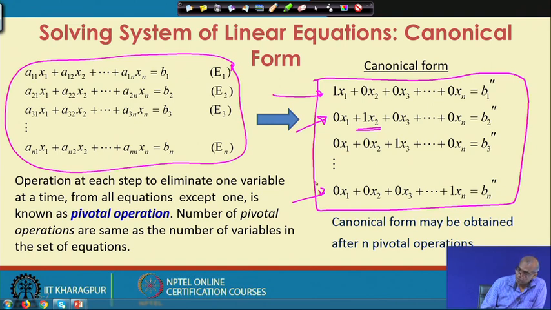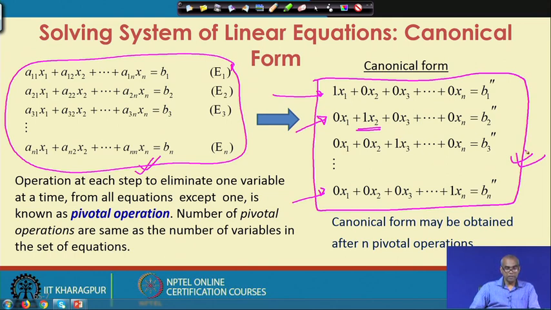So, this equation is essentially x n equal to b n double prime. So, it is possible to transform the original set of linear equations to a canonical form as shown.